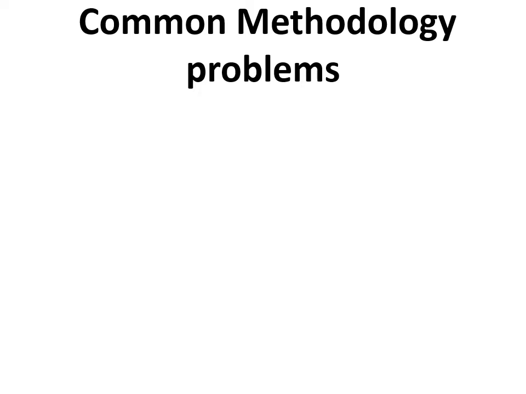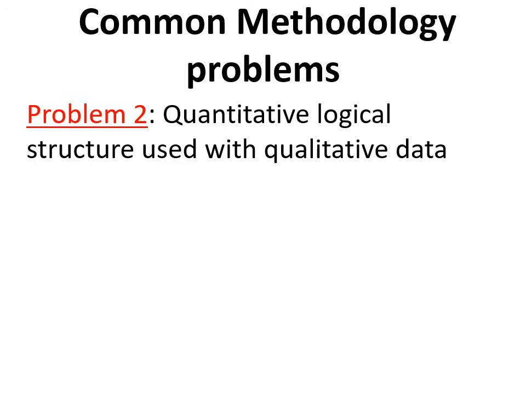What are some other common methodology problems I've seen over the years? Another problem is that a quantitative logical structure is used with qualitative data. So remember, quantitative logical structures for Spickard involve, let me see if I can remember this, experiments, so true experiments, quasi-experiments, ex post facto research, and correlations or correlation studies.